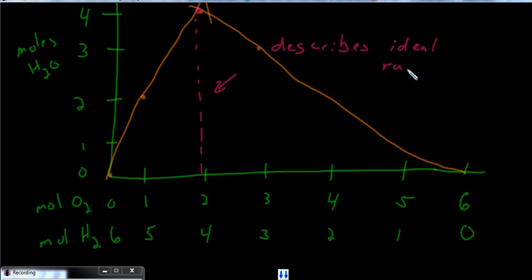That describes the ratio in a balanced chemical equation. This tells you the coefficients. And so that's really what we're testing for tomorrow. At which point do these 2 lines intersect? Which is the ideal ratio of reactants? What are the coefficients in the balanced chemical equation?